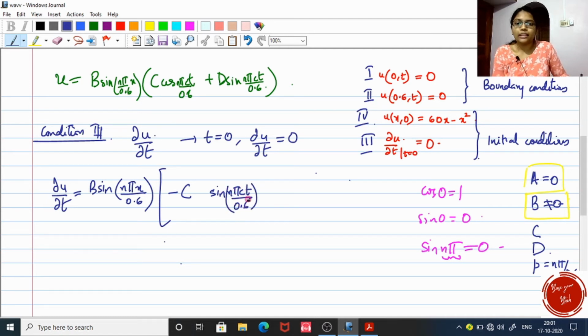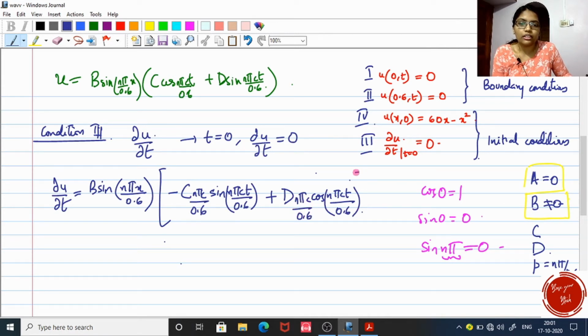Have to multiply the t coefficient, that is n pi c by 0.6, plus derivative of d sine n pi ct by 0.6. Derivative of sine is cos. So d cos n pi ct by 0.6. Again multiply the t coefficient n pi c by 0.6.